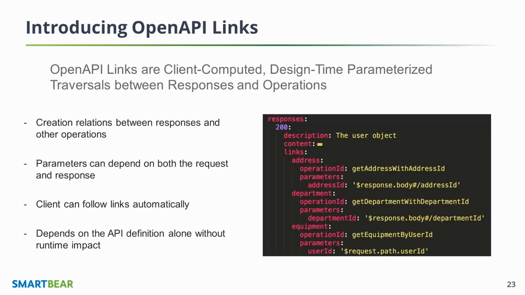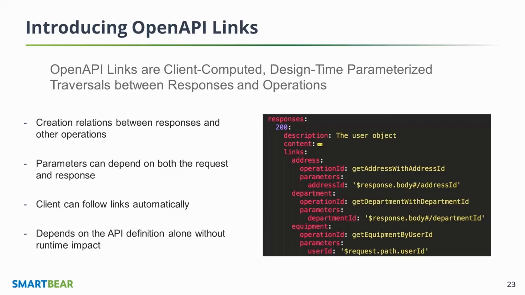In our case, we're talking about something that's done during the design of your API, so you're defining what kind of links exist. They do not exist as part of the API itself, so you don't get any additional metadata in the response to be able to follow those links. So pretty much without the API definition itself, you don't have any other information about the links. So you need that API definition.